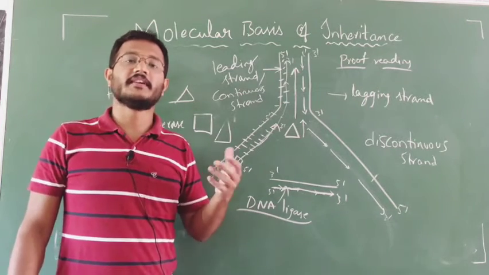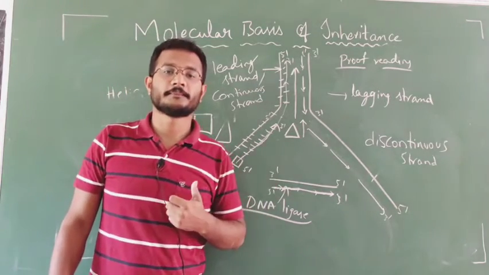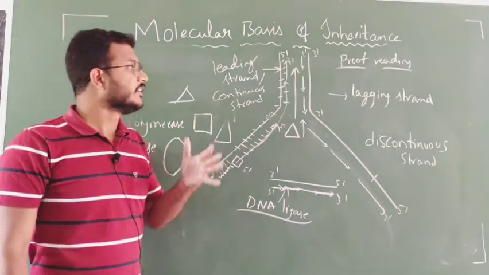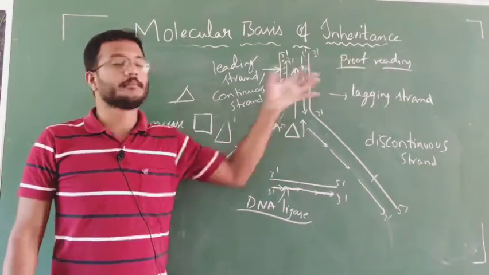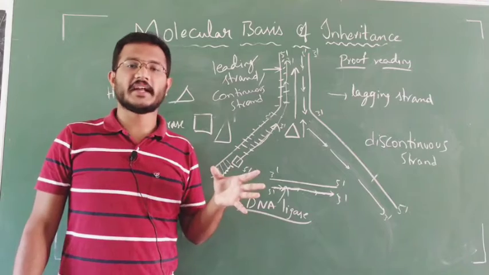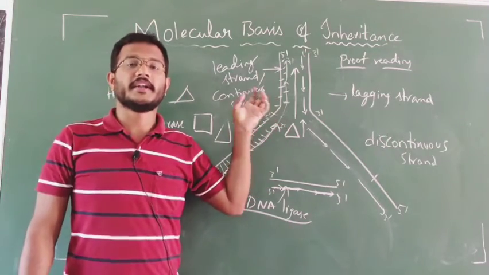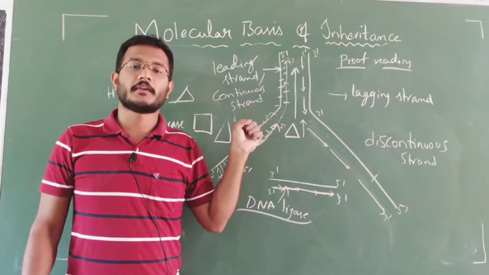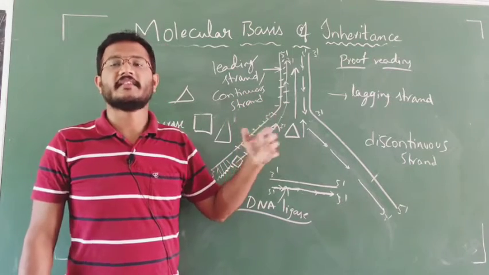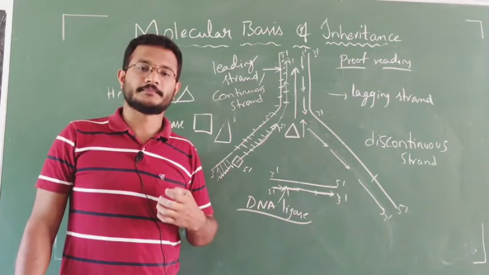Whatever the mutation, sometimes it will lead to cancer. So that function will be checked by the proofreading mechanism. In this mechanism, it will check all the base pairs, whether they are bonded in a correct manner or not. Then only the cell will be allowed into cell division.